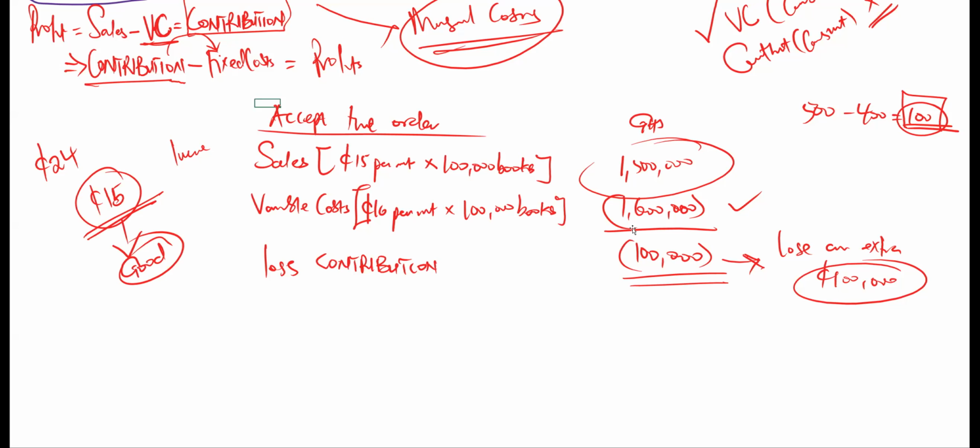Because something that we can manufacture for 16, and that's not even all the cost, because this 16 is only the variable cost. What about the other fixed costs we are incurring? This 16 is the cost we will incur, and you are paying us 15 for it. Is it a good decision?